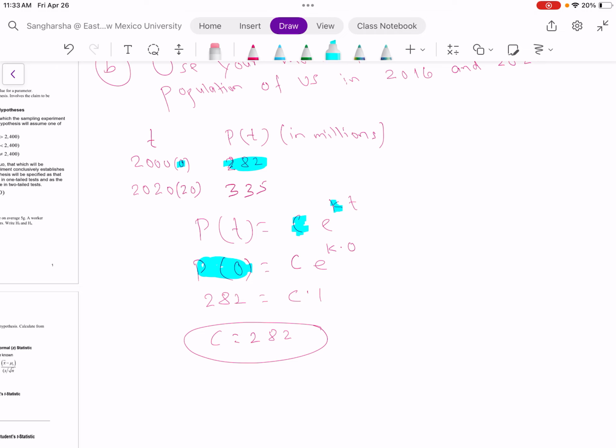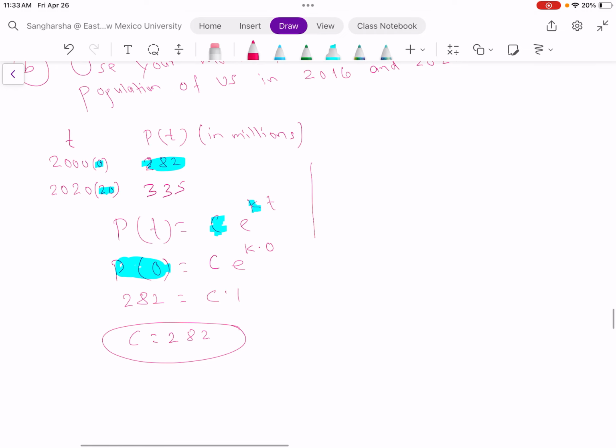So when t is 20, let's substitute 20 for every t in this function. So P(20) equals c times e to the power k, and t is 20. Now what is P(20)?